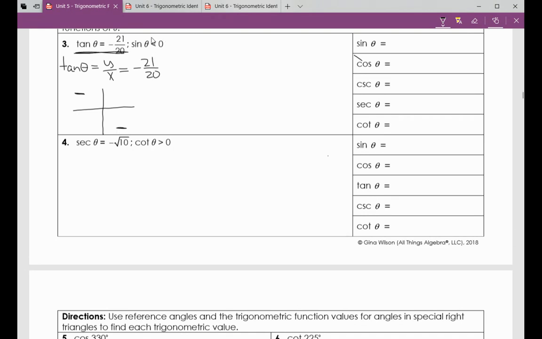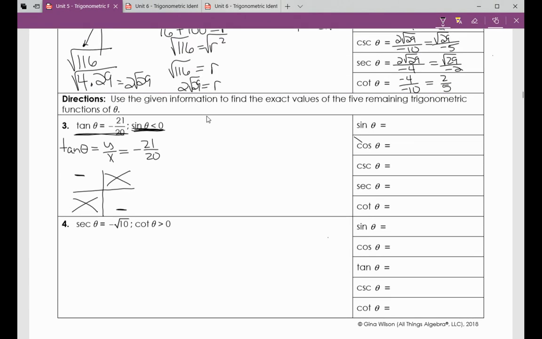Now, this says that sine also has to be negative. So out of the two quadrants, we're not looking at quadrant 1, we're not looking at quadrant 3. Out of the two quadrants where tangent is negative, which one is sine negative in? It's either this one or it's this one, but it's not both.